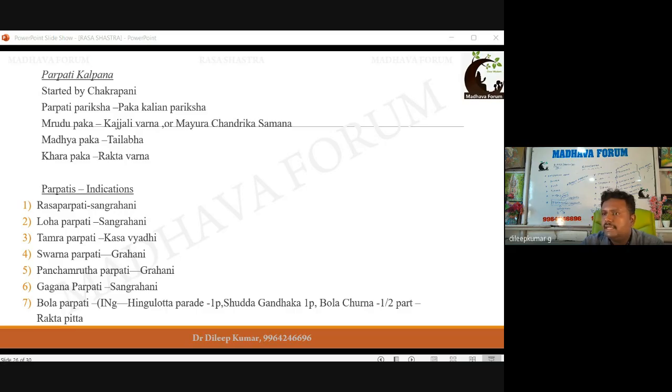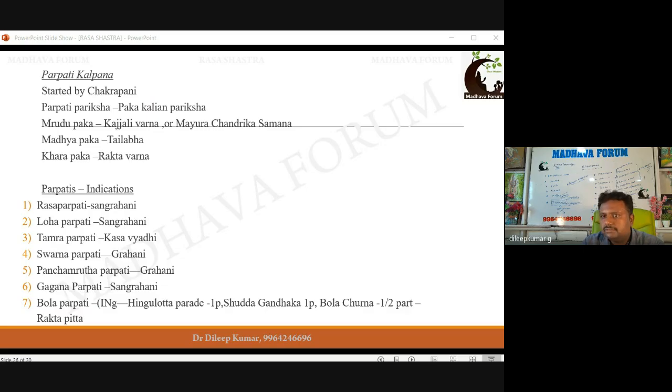In all cases we can utilize Parpati. Parpati has a very strong affinity towards the gastrointestinal tract, and it will work better in these areas. Among all Rasashastra drugs, it is easily available and cost effective. Nowadays, irritable bowel syndrome is too high.